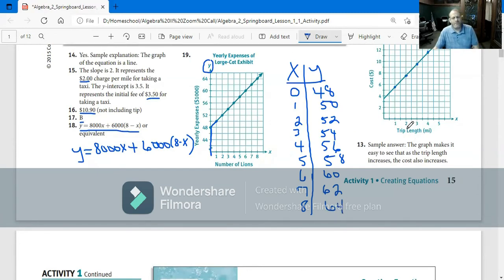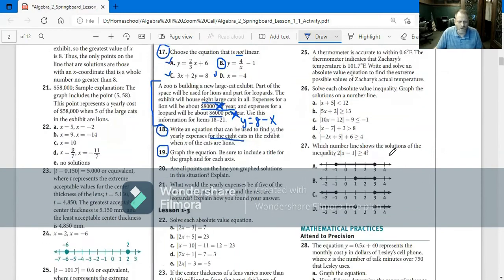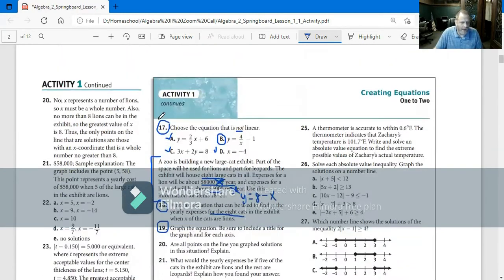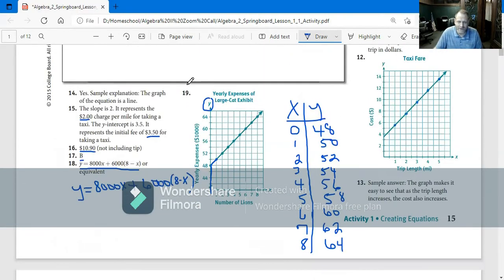Okay. All right, so we just graphed that for number 19.